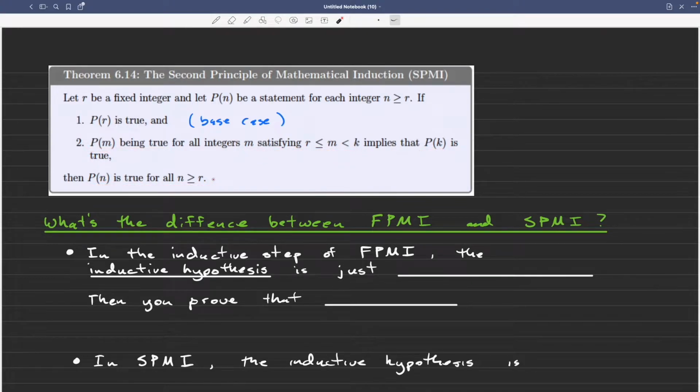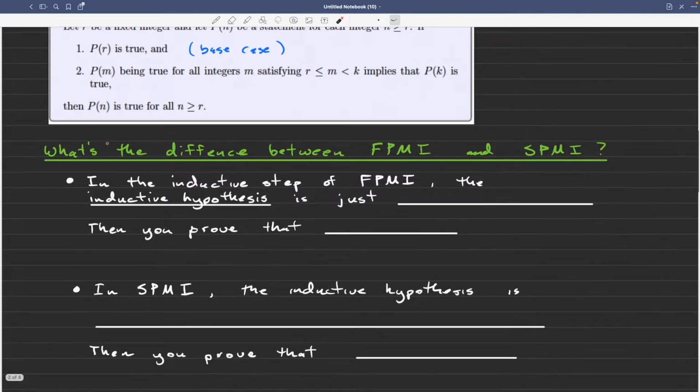So this part of the thing sometimes throws students for a loop. But all that's going on here is that we're assuming not just that the one of those statements being true implies the next one is true. It's more like if all of the statements are true up to a point, that proves that the next one is true. Let's spell this out really clearly.